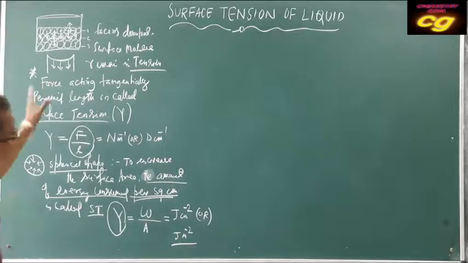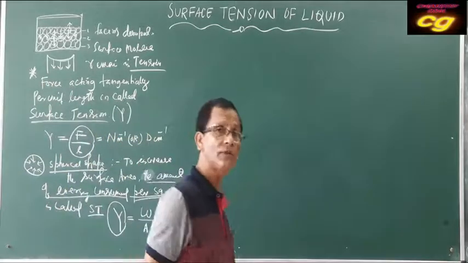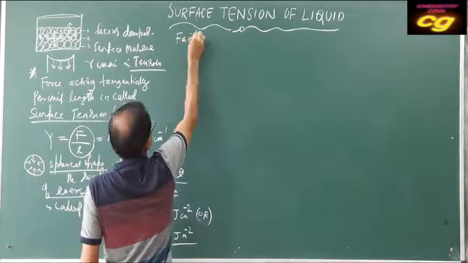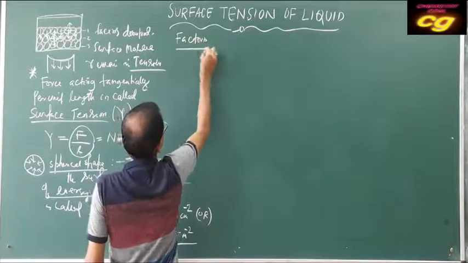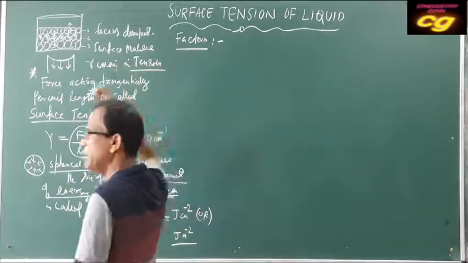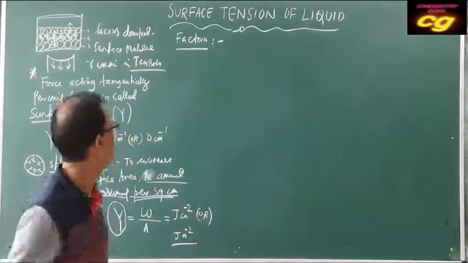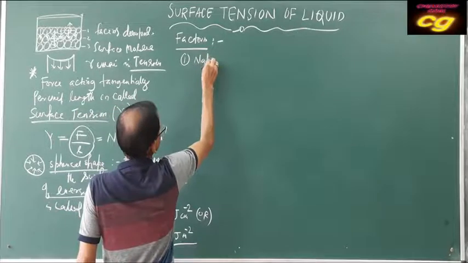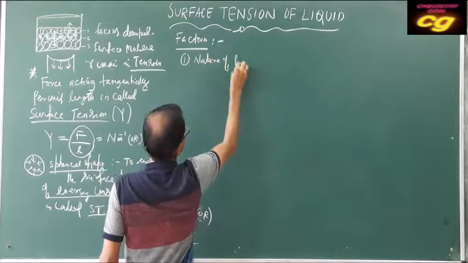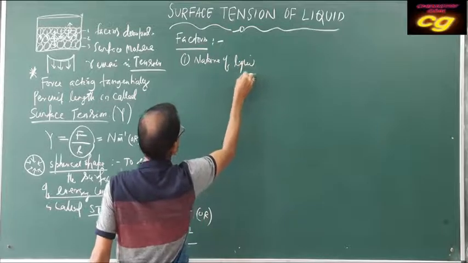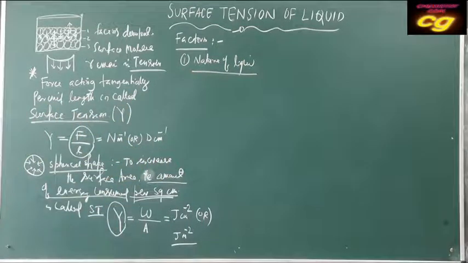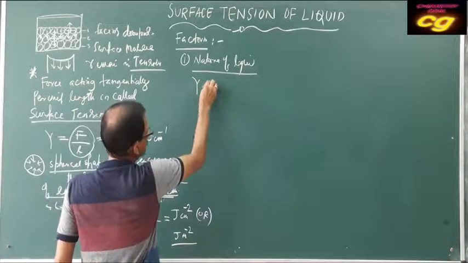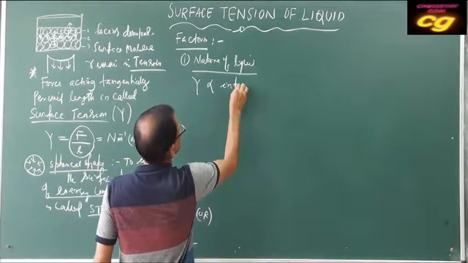So what are the factors affecting surface tension? Surface tension is a force. So first is the nature of liquid. Gamma is proportional to intermolecular force.